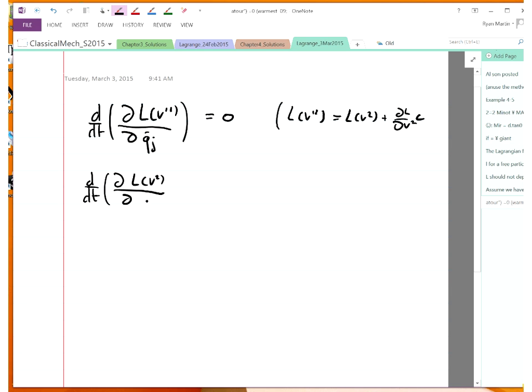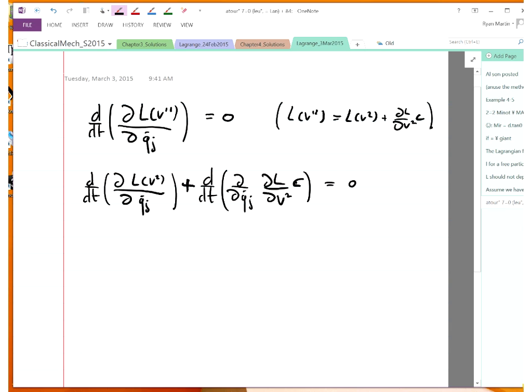So I have d/dt of ∂L(V squared)/∂Qj dot plus d/dt of the second term, which is ∂/∂Qj dot of ∂L/∂(V squared) times C, equals 0.